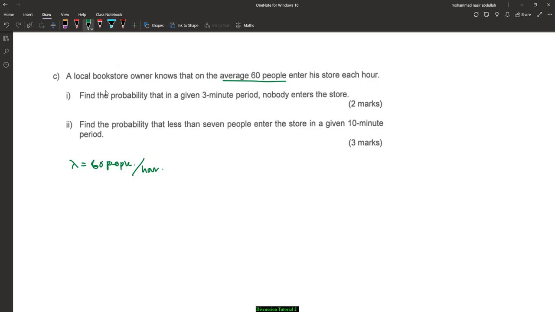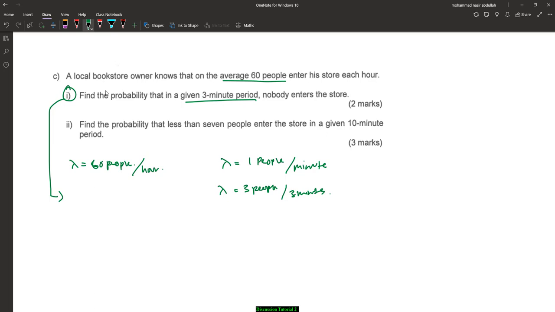Number 1, find the probability that in a given 3-minute period nobody enters the store. They give us in terms of hour, so we need to convert it into minutes, right? Converted per minute, it should be 1 person per minute, and then for 3 minutes, it should be 3 people per 3 minutes, right?